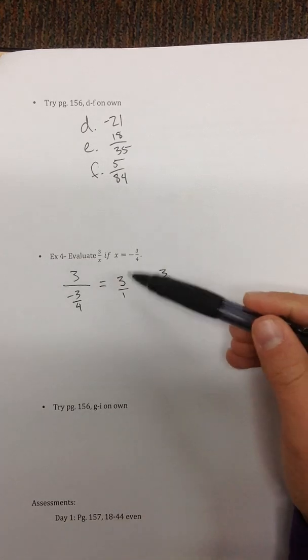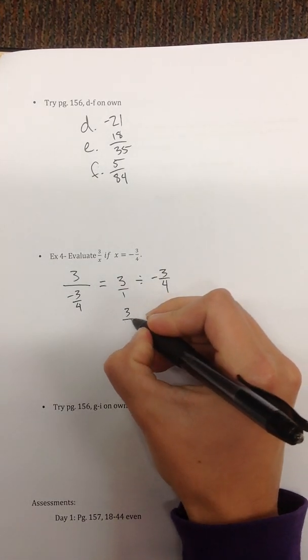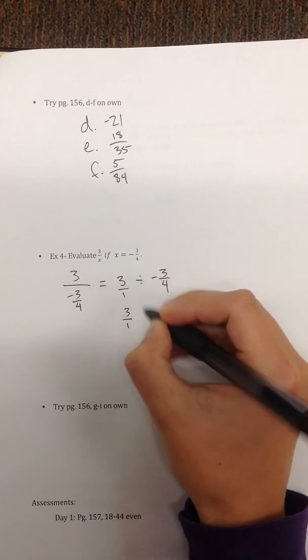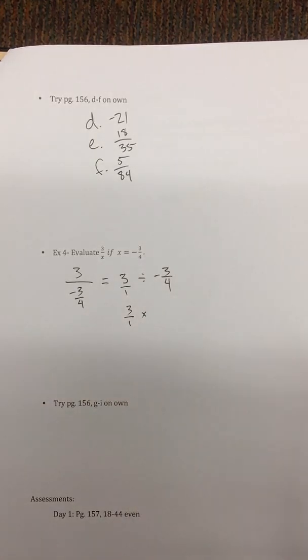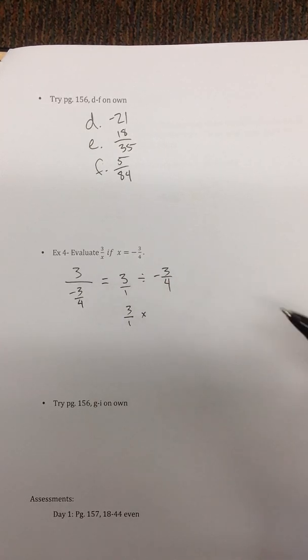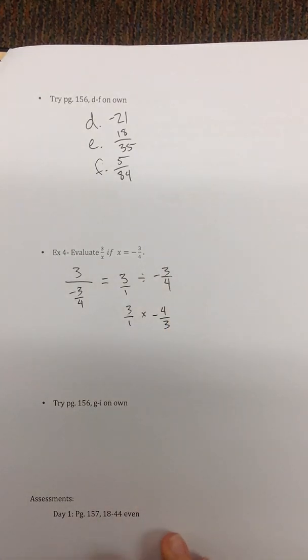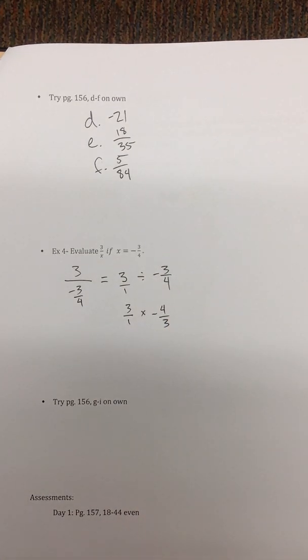So I'm going to keep my first fraction the same, change my sign to multiplication. So first fraction will stay as 3 over 1. Sign's going to change to multiplication. Then I'm multiplying by the reciprocal, so I need to flip the second fraction. So -4 over 3. Still keeping that negative with it.